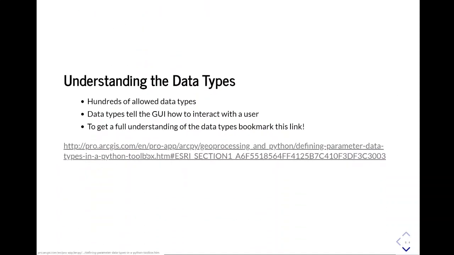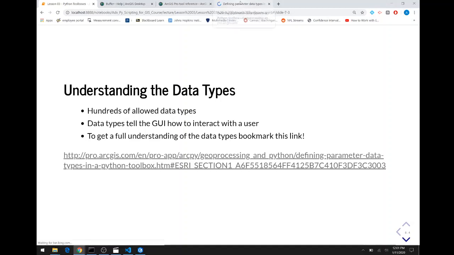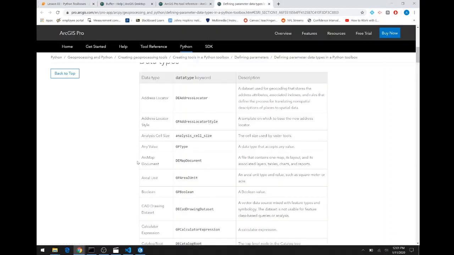So there's a lot of data types that Python toolboxes can support. In order to see them all, I suggest you look at this link right here. And we can see that each data type has a specific keyword associated with it.